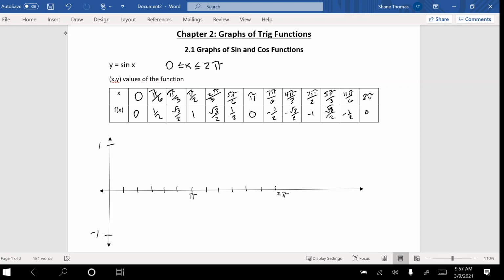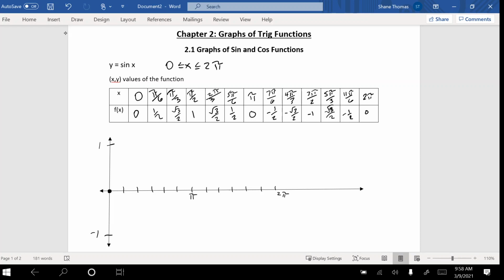You all right with that? So like this would be 0, pi over 6, pi over 3, and so on and so forth. Okay. So where would these guys come out at? Well, I like to go with the zeros and ones first. Okay. So at 0, my value is 0.